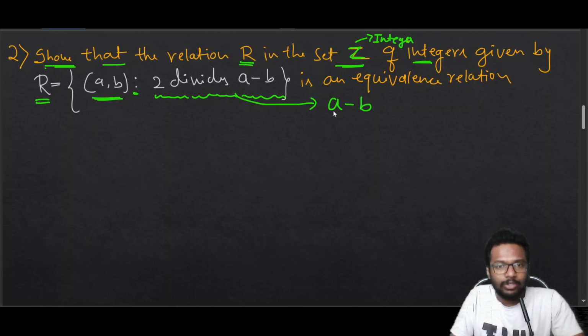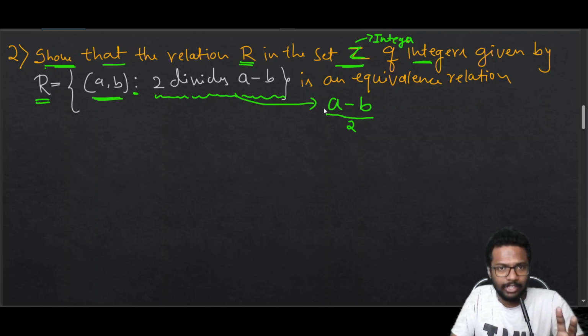After subtracting, we again get an integer, because a is an integer and b is an integer, so a minus b is also an integer. Then that number should be divided by 2.